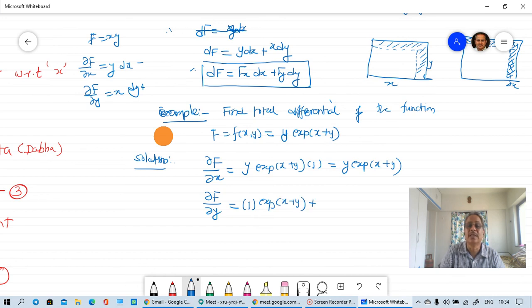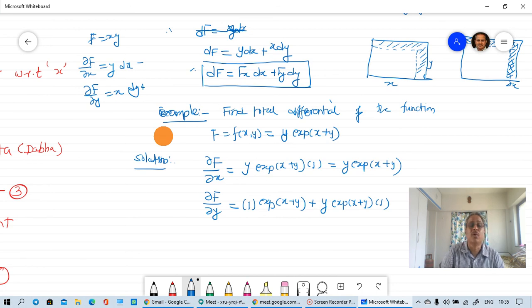Then second time this y will remain as it is, and exponential of x plus y will come after differentiation, multiplied by differentiation of x plus y with respect to y, which is again 1. Differential of y with respect to y is 1. Differential of x with respect to y is simply 0. That is not needed to be taken here. So this is how I get delta f upon delta y equal to exponential of x plus y plus y into exponential of x plus y.